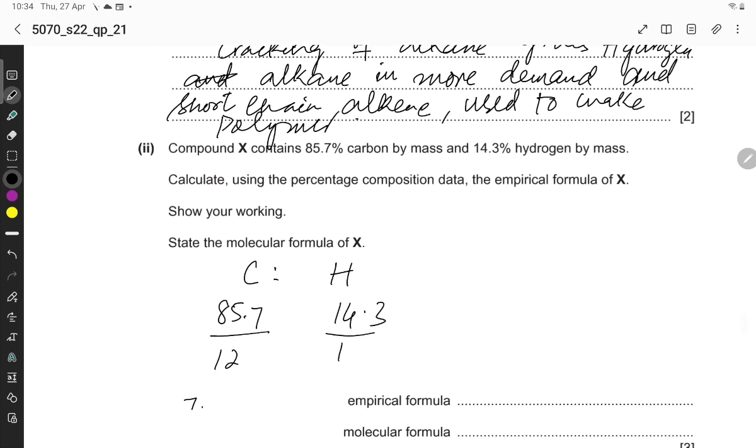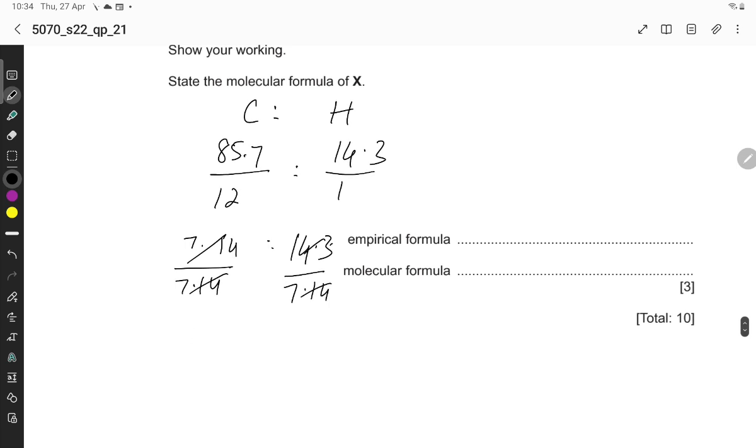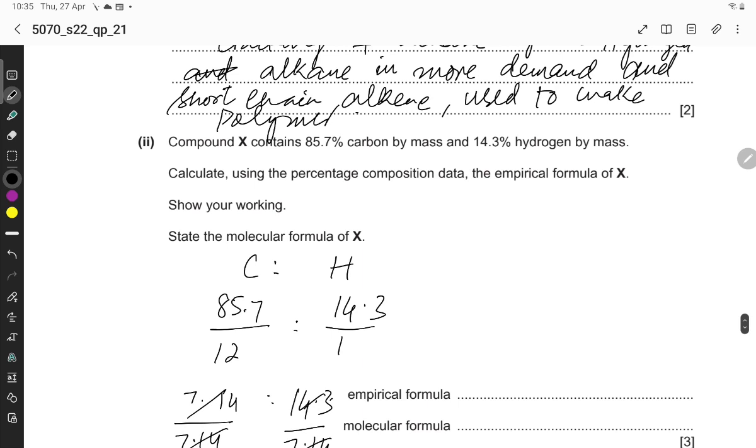This is 7.14 and this is 14.3. Ratio 1 to 2. The formula is CH2. Show your working. State the molecular formula of X.